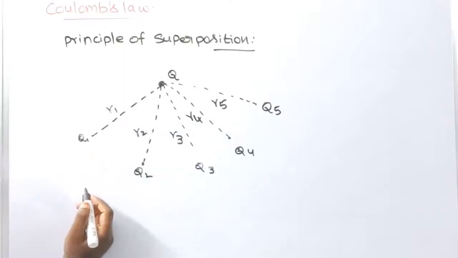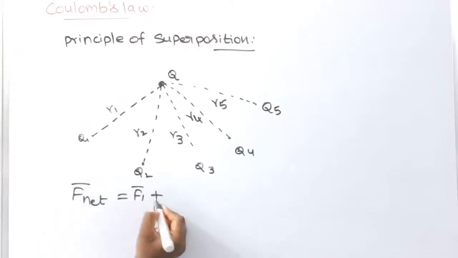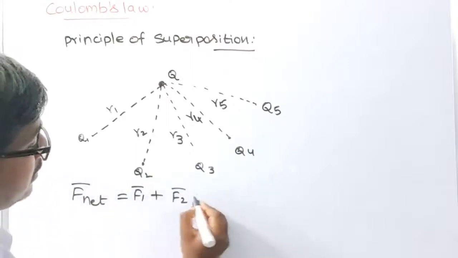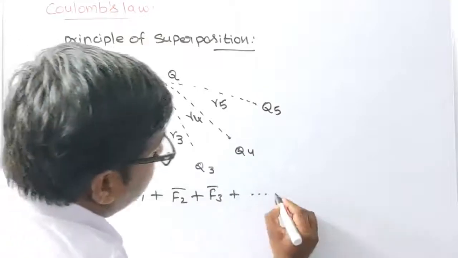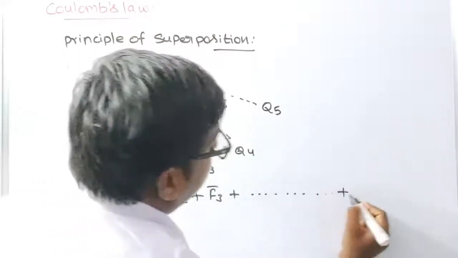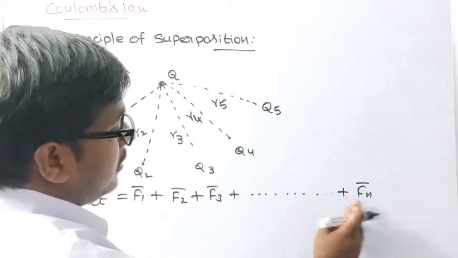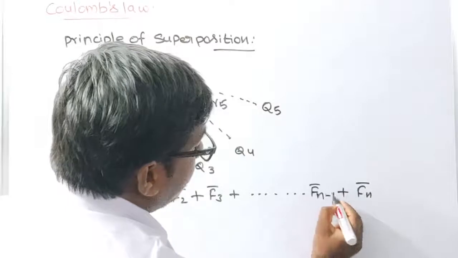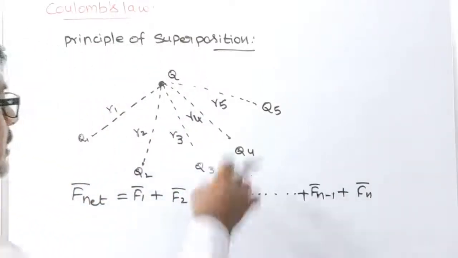That is, the net force on q will be F net is equal to F1 plus F2 plus F3 and so on up to Fn.